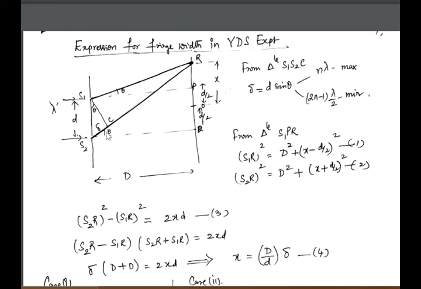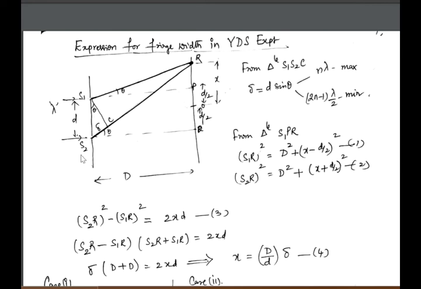This difference in distance traveled by the two light waves in arriving at point R, we call it path difference. So in the figure, S2C is equal to delta, denotes path difference between the two light waves when they arrive at point R.